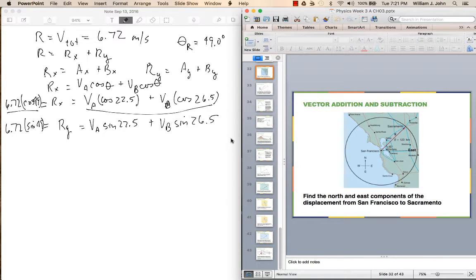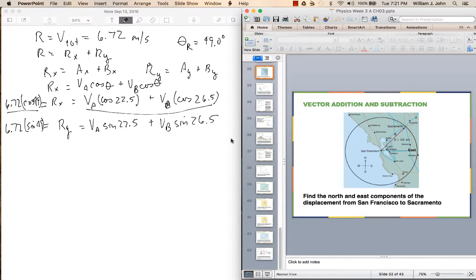Actually, what I want to do is leave you with this problem to work on at home. It says find the north and east components, so that's the y and the x axis, for the displacement shown in this diagram or this map. So take a look at this.